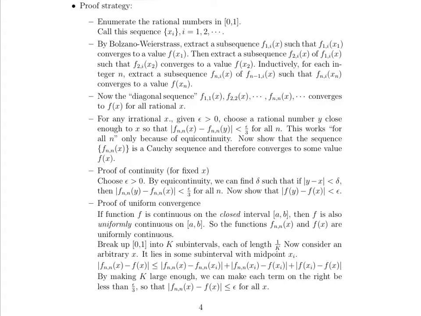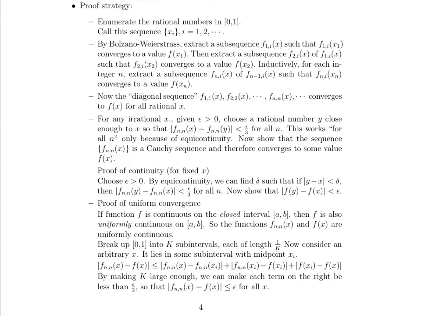And what's interesting here is that since each subsequent subsequence comes from the subsequence before it, eventually, for every single rational x, this will be a convergent sequence. This diagonal construction guarantees eventual convergence for all rational x because that's how we constructed it to behave.